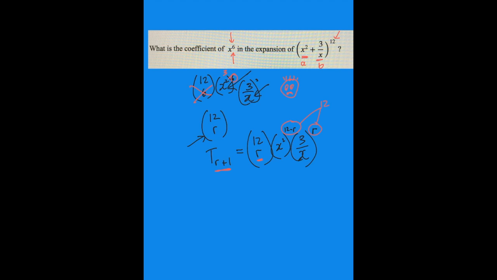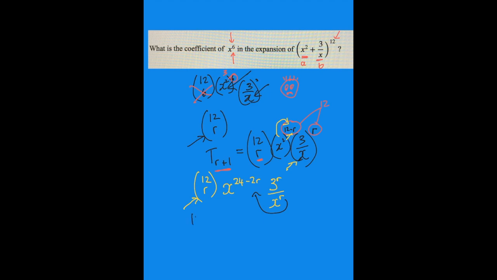So I'm now going to expand this out. I'll just put the 12 choose r over here for now, because I'm still trying to figure out which r I need. So x squared, and remember your exponent rules, expand that out: x to the 24 minus 2r, and then this one here we've got 3^r over x^r. Now, using another exponent rule, we can just subtract this from this.